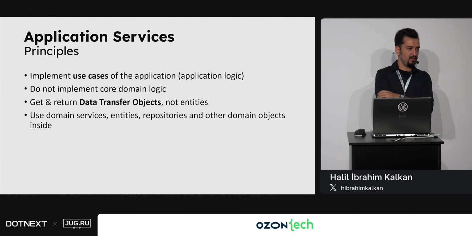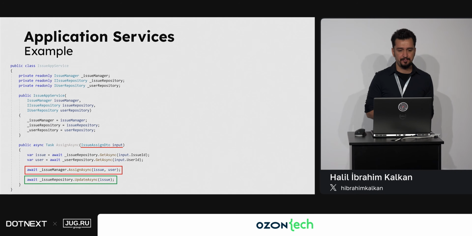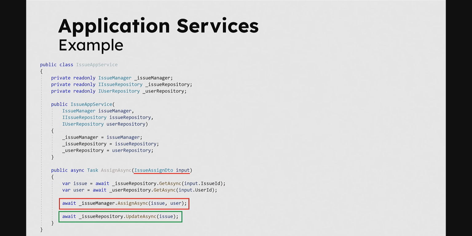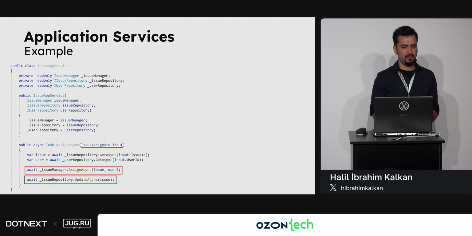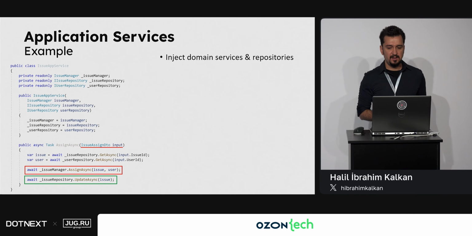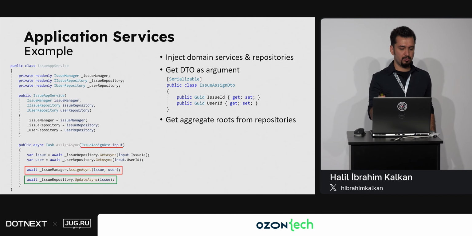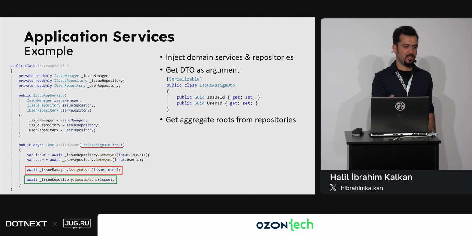Application services typically use the domain layer, like domain services, entities, and some other domain objects to implement the use case. Let's see an example application service. Actually, every use case or every application service method typically has 3 parts. The first part is to get aggregate roots or the related objects from the database.